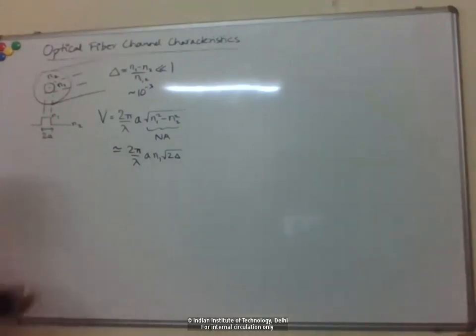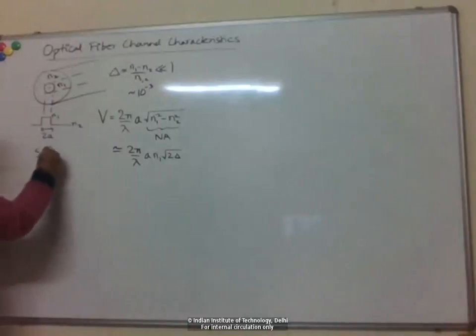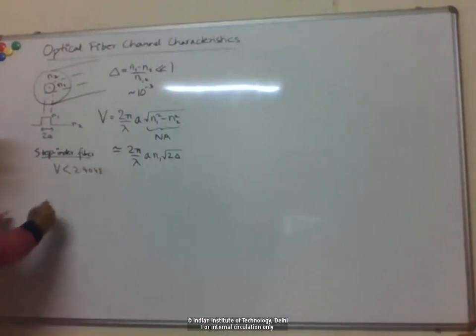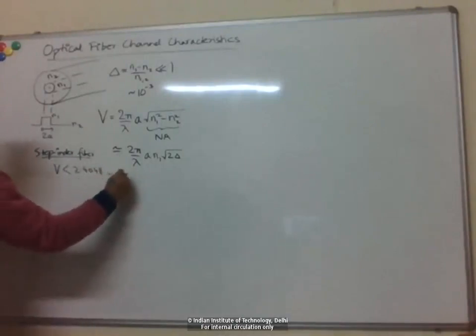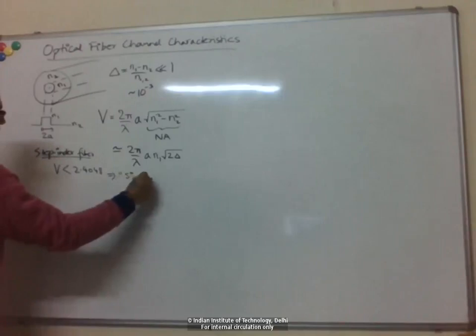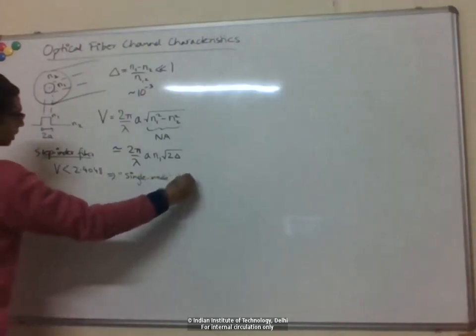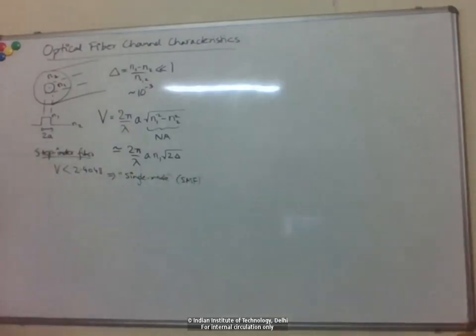Okay, so for a step index fiber, if this V number is less than 2.4048, then it is what is known as a single mode fiber. These fibers are known as SMF, single mode fibers.